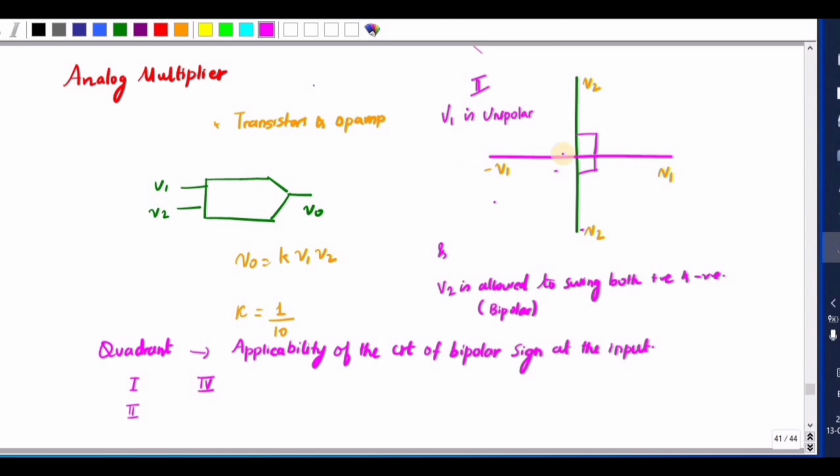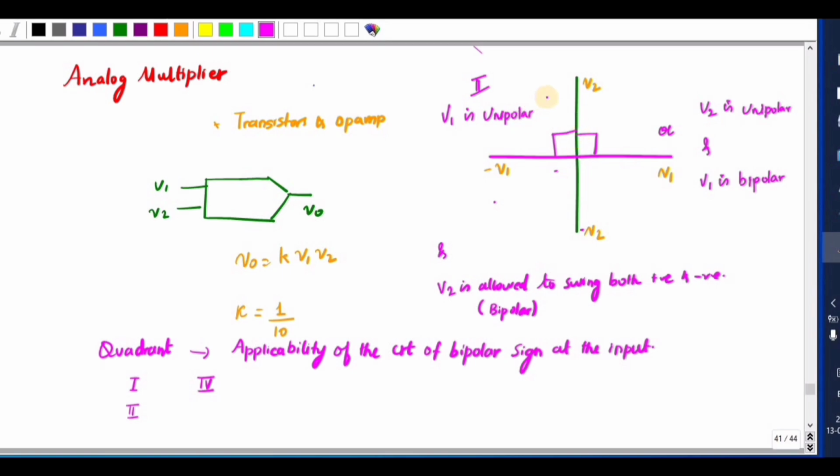Or I can write V2 is unipolar and V1 is bipolar, that is, V1 is allowed to swing between both positive and negative. Here V2 is positive, that is unipolar, and V1 swings between minus and plus, so it is bipolar.